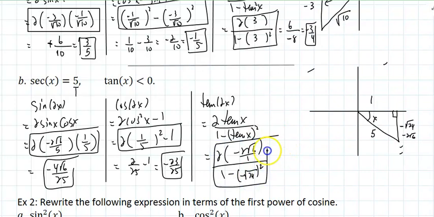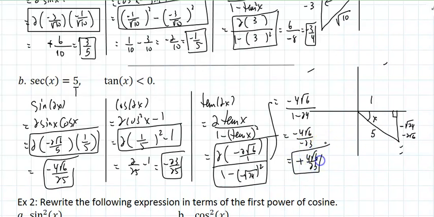Again, this is sufficient for the test. For the homework, that's going to equal negative 4 radical 6 over 1 minus 24. That's going to be negative 4 radical 6 over negative 23. That's going to be positive 4 radical 6 over 23. And there it is. That's pretty much all there is to those.